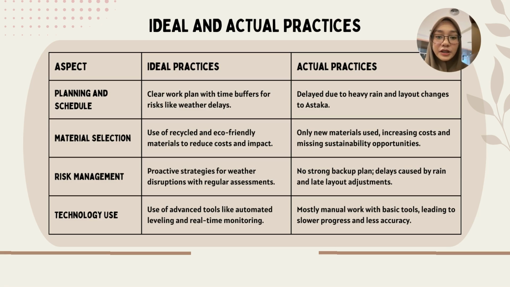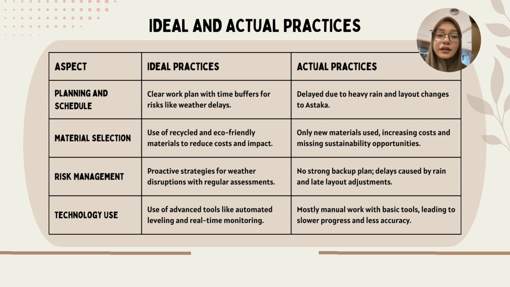Third, risk management. Ideally, proactive strategy including regular assessment should mitigate risks like weather disruption. But in practice, there was no strong backup plan and delay occurred due to rain and late layout adjustment. And lastly, technology use.